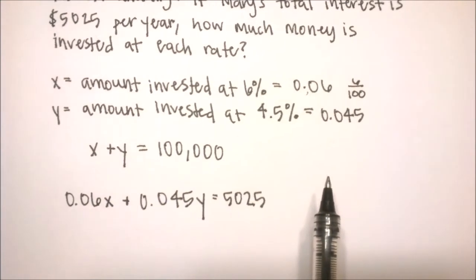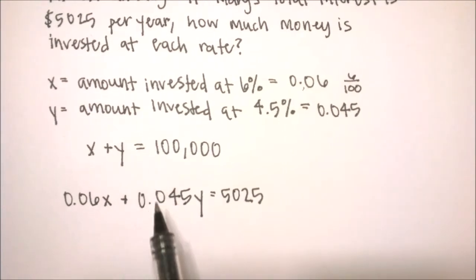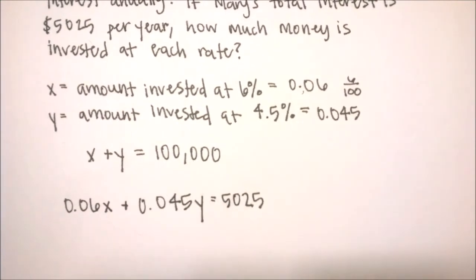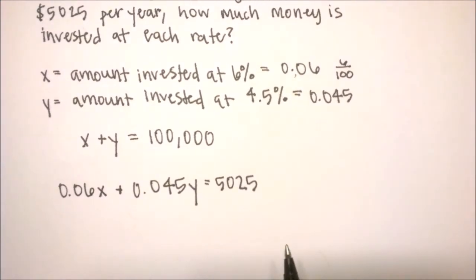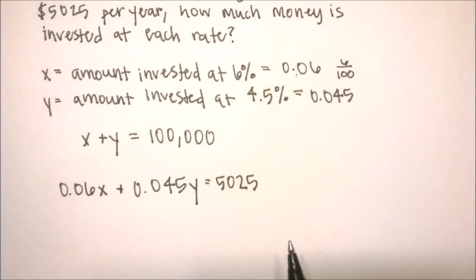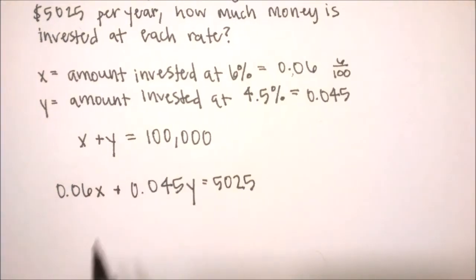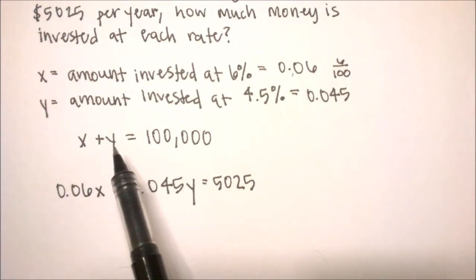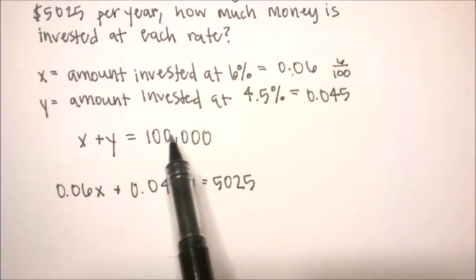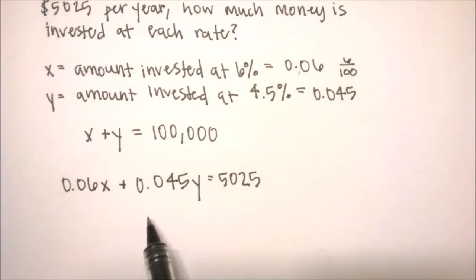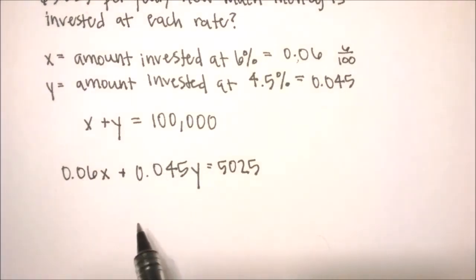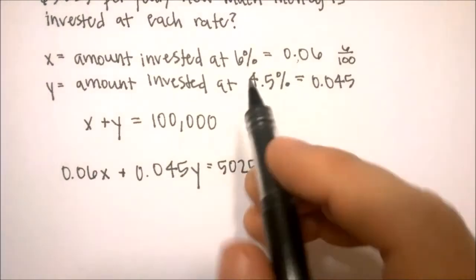So there's two ways of doing this. We could solve this as a system of linear equations, but in case you've never done that before, something that might be a little more intuitive is saying, well, x plus y equals $100,000. So let's solve for y in terms of x and then plug it into this equation. So let's get one of these equations down to just one variable that we can solve for.